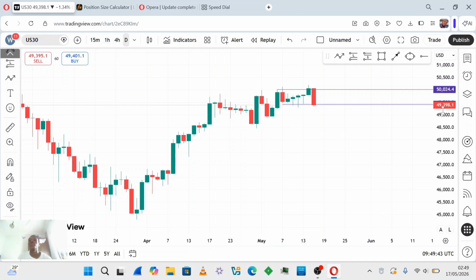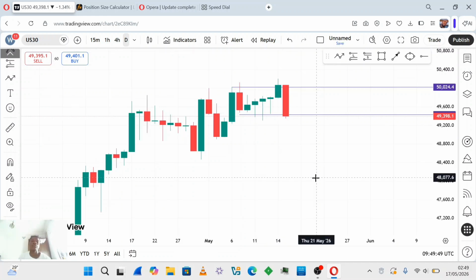Now you need to ask yourself this question: is it an uptrend or is it a downtrend? The answer is yes, it's an uptrend, but it seems like price wants to start a downtrend. For me to be able to see it clearly, I need to go to 4 hours time frame.